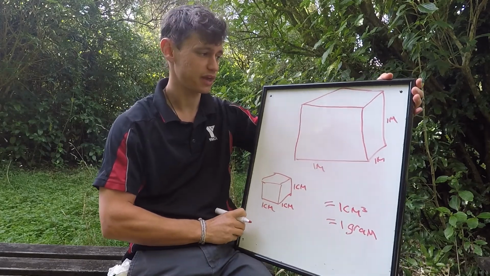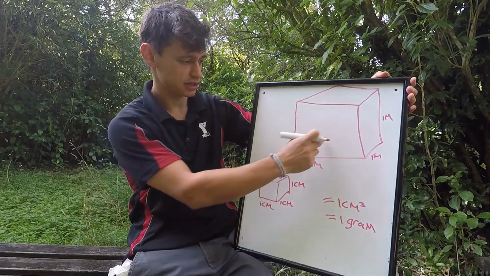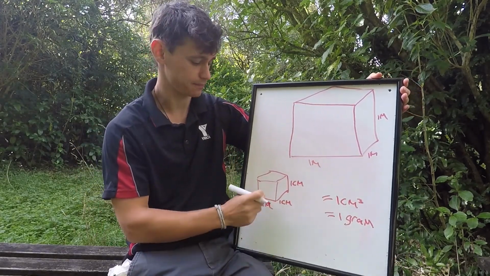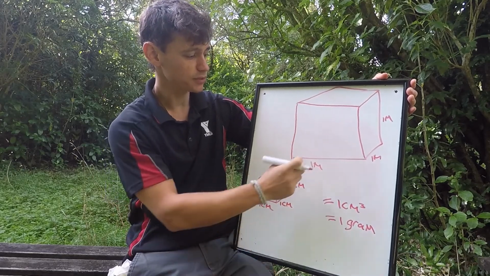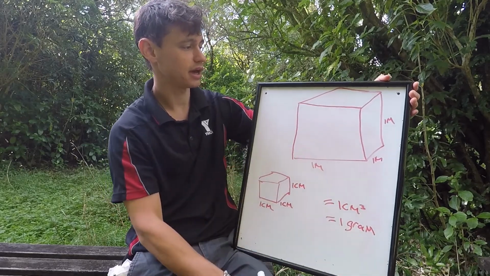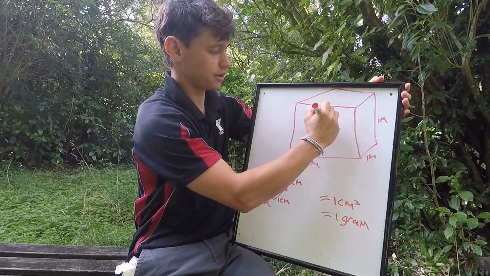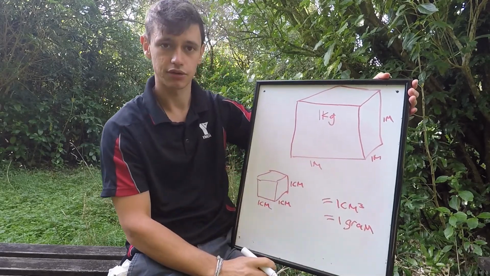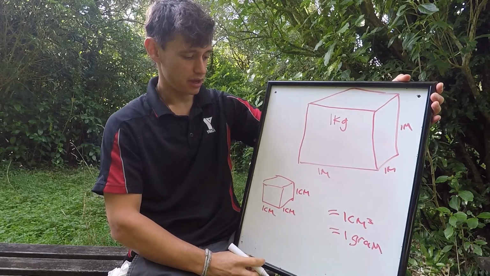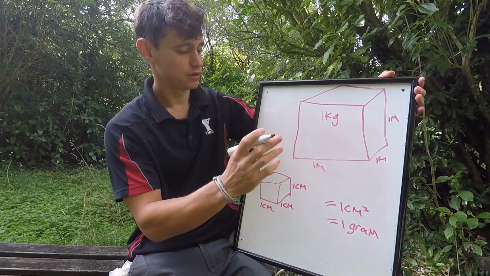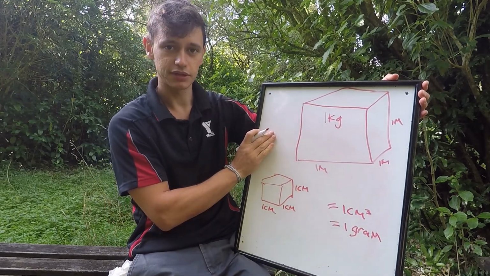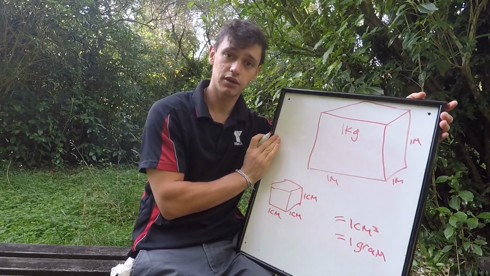So if you think about that as a big cube, you can see the difference between these two boxes. If we were to fill this box up with water, we would have exactly 1 kilogram of water.